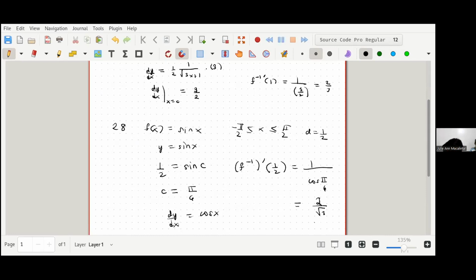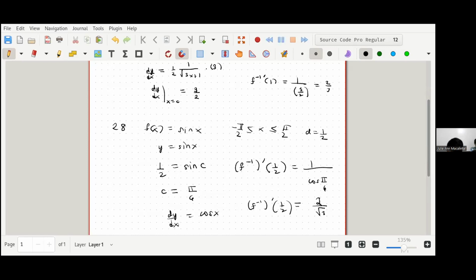I won't rationalize. So even though we don't yet know the derivative of sine inverse, we can use the theorem already to calculate the derivative for these exercises. Okay, is that clear?